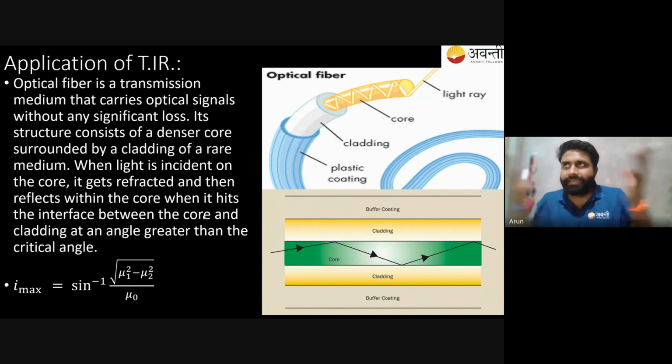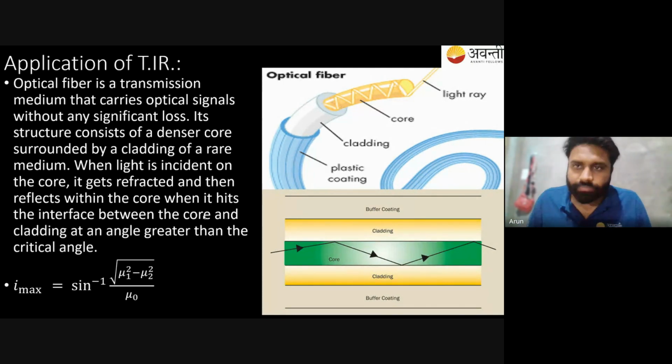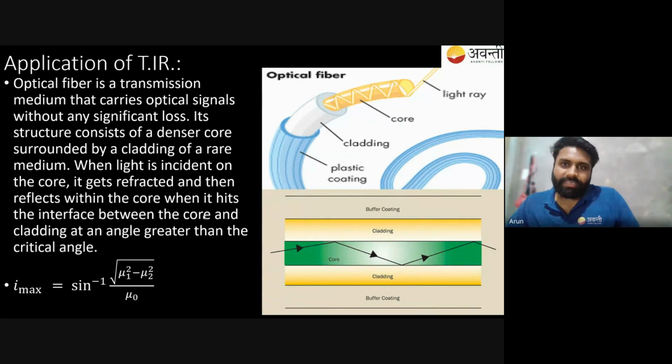How are we getting signal, using the internet? It is just because of the optical fiber. Optical fiber is nothing but a transmission medium in which the light signal travels without much loss of energy. It's not that there is no loss, there is loss, but it is very less.